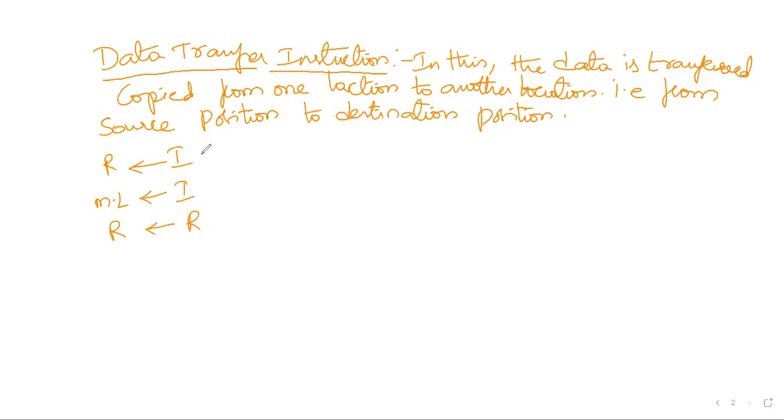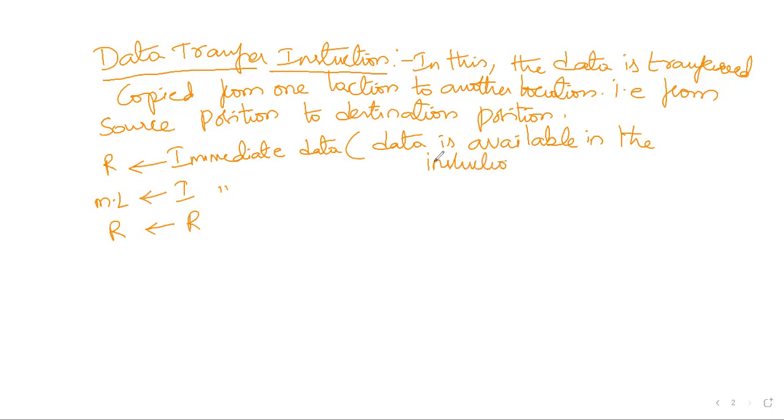Immediate data means the data is available in the instruction itself. Now let us see the examples.